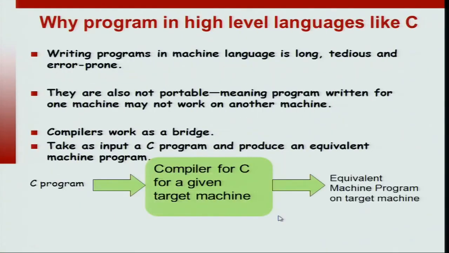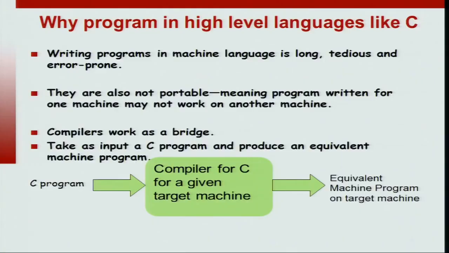Okay. So why not program in the microprocessor language or in assembly language? Writing programs in machine language is very tedious. One line in a higher level programming language like C translates into multiple lines of machine language. Okay.